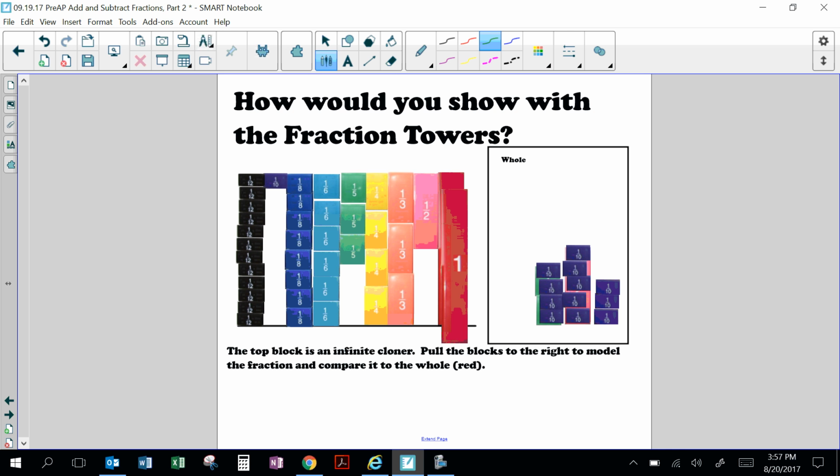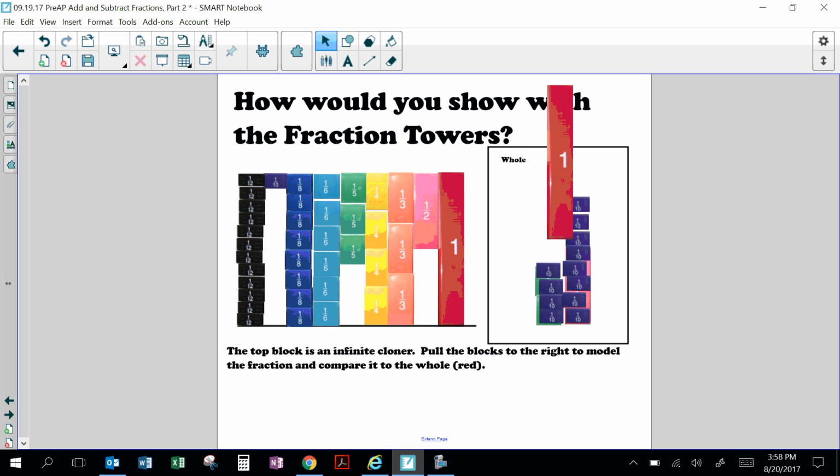Let's show you through this model. So this is 8/10. This is what he will cut off. So 1 and 3/10. Can I rename 1 whole as a fraction? I believe I can. How am I going to rename 1 whole as tenths? 5/10, 6/10, 7/10, 8/10, 9/10, 10/10.